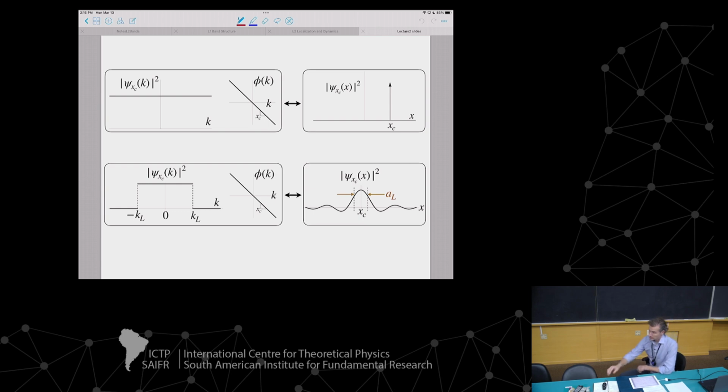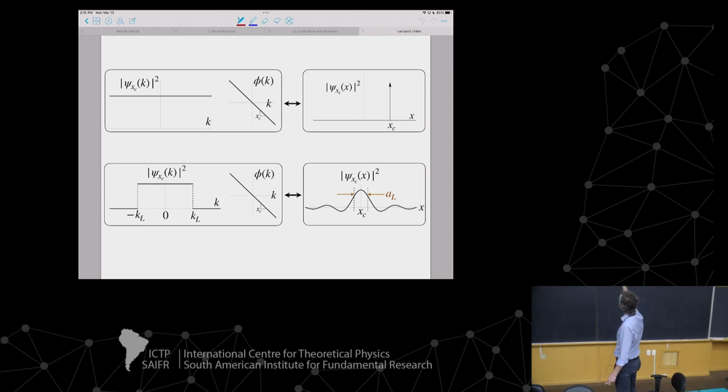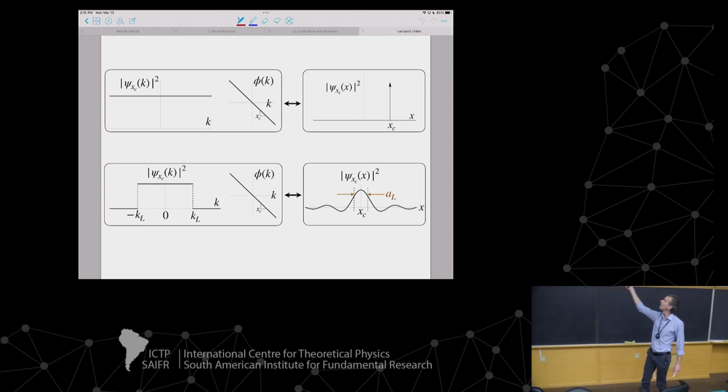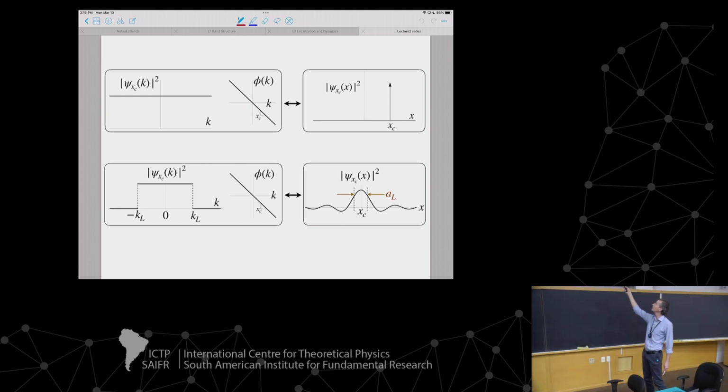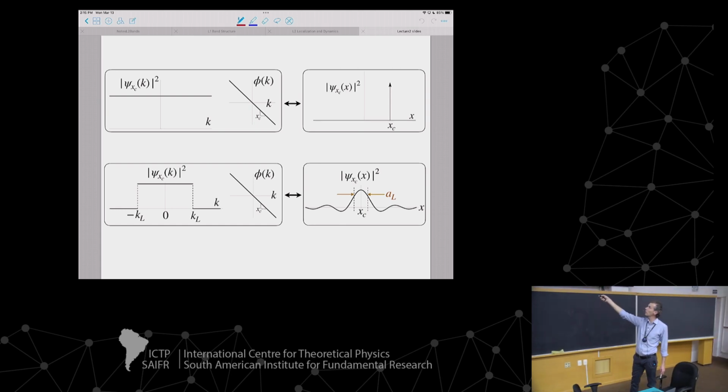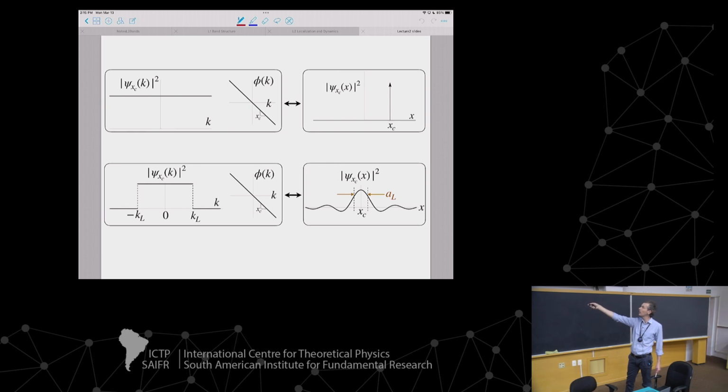If I started out with a delta function in momentum space, in position space, I told you that requires all of k space. But now if instead I restrict myself to one Brillouin zone, then I get this kind of sinc function here, which is an oscillatory thing. It's peaked at 0.